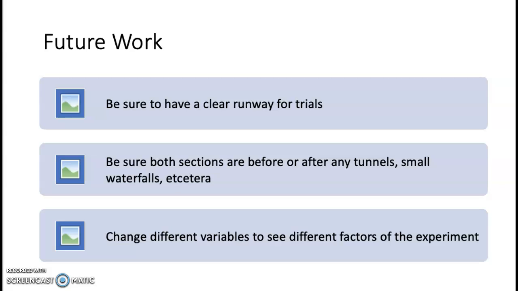We did have to redo a couple of our trial runs because the bobber got stuck or hit the side of the stream, etc. And then in terms of variables, perhaps changing the discharge rather than the width would show better results, or experimenting with any other variable that would be beneficial, as we could see how other variables are related when different factors are manipulated.